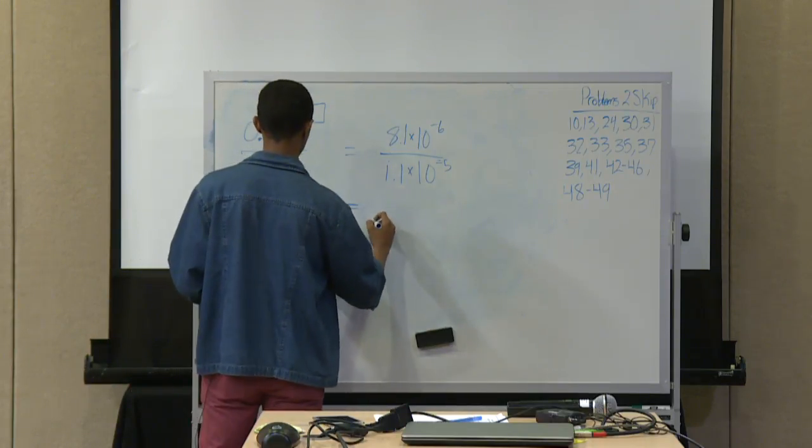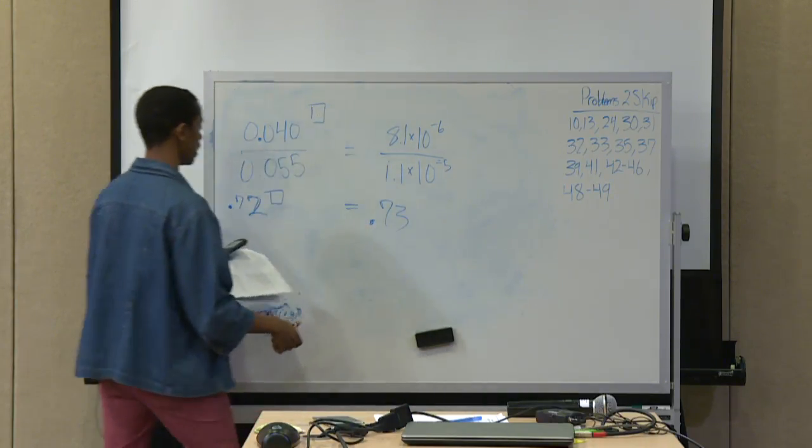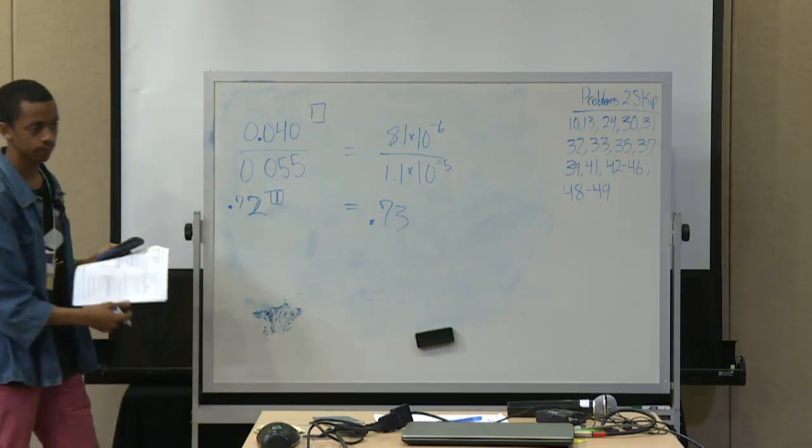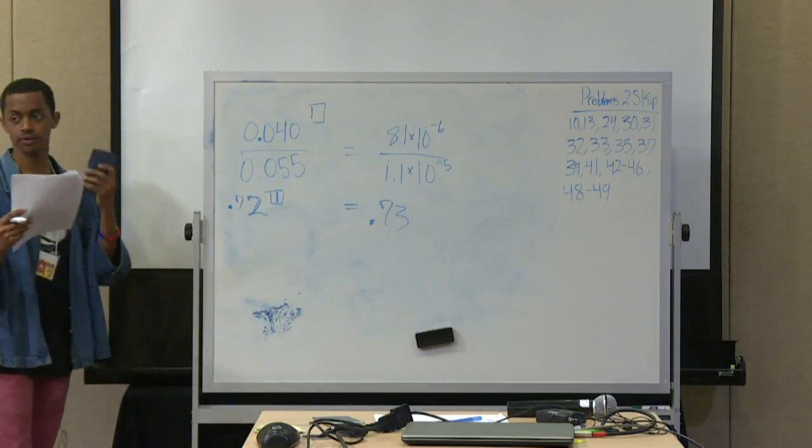This number is like 0.73. So again, we can just assume that this thing is just a 1. So we know that SCN has to be a value of 1.